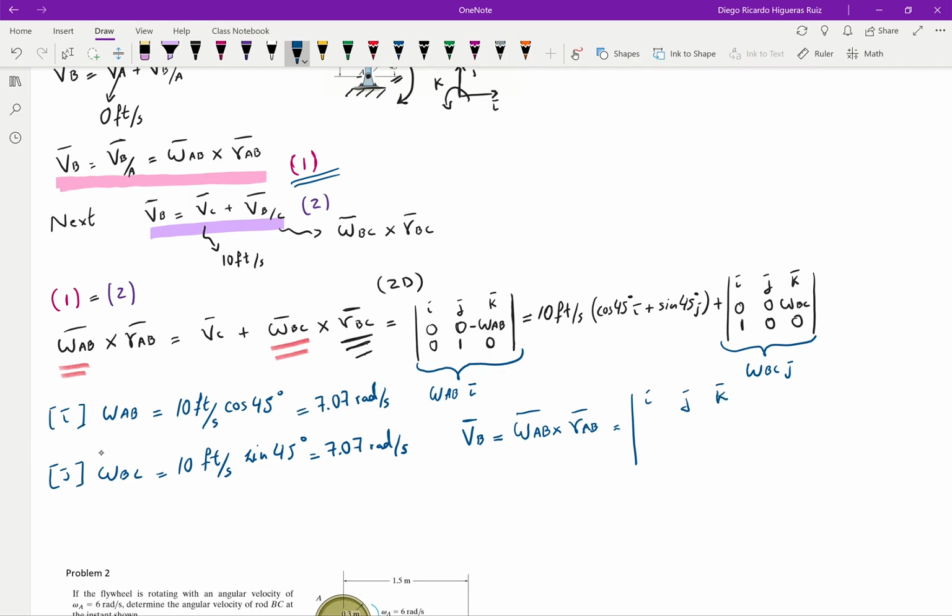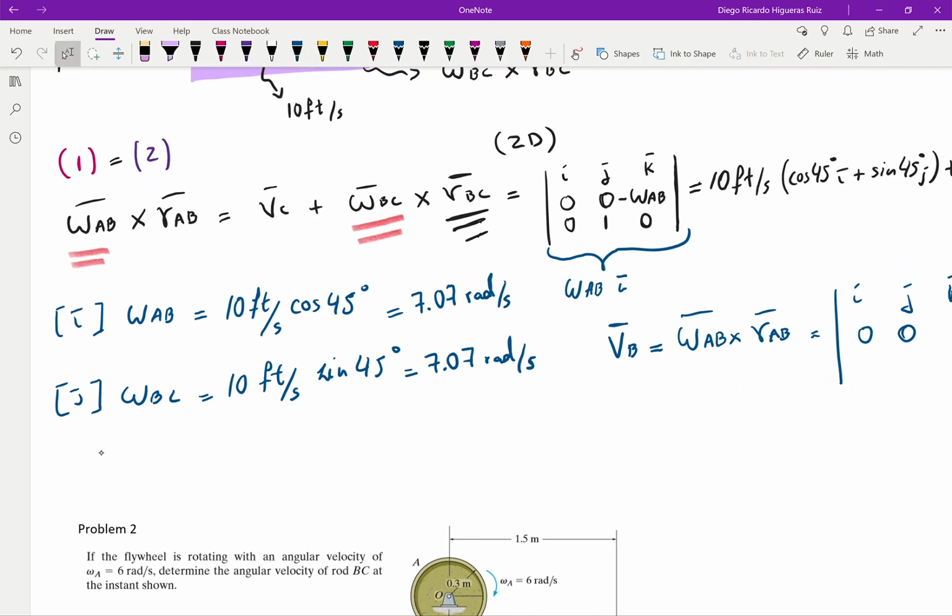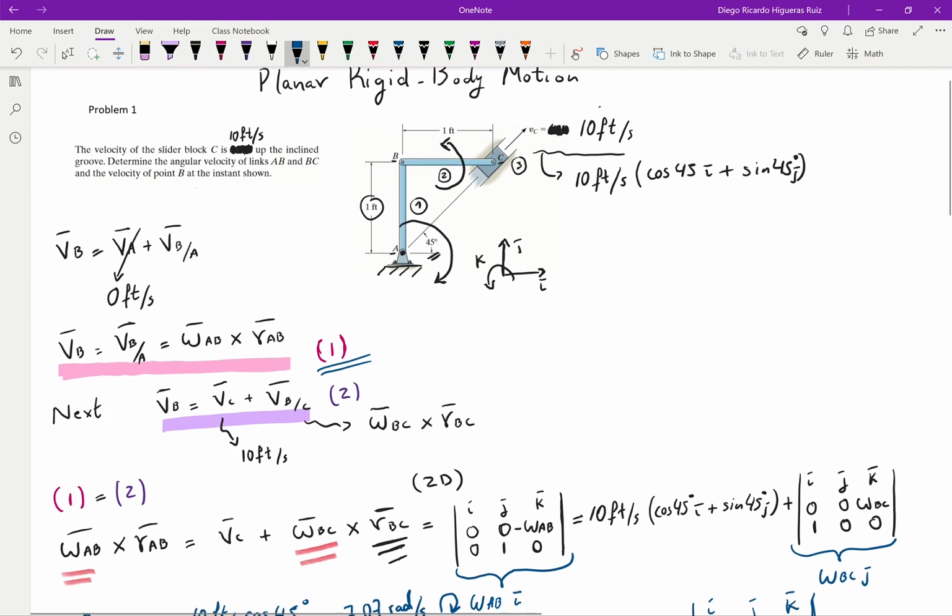I did this, but I'm just gonna do it again because now I know my omega AB. Let me go back here: omega AB and omega BC. I assumed omega AB to go clockwise, correct? Yeah, that was my assumption.